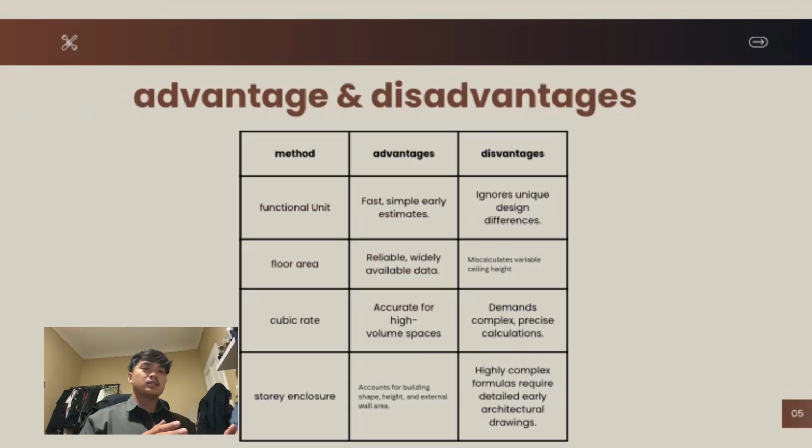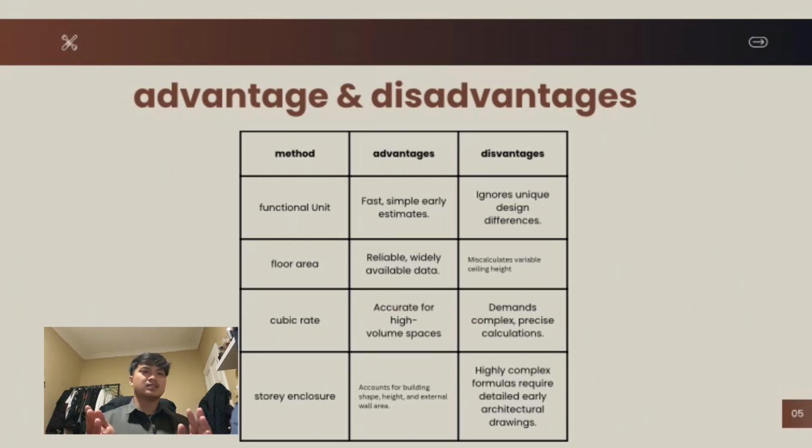The advantages and the disadvantages of the types of method used. Number 1 is the functional unit. The advantage is it's very fast, simple, and easy to estimate, but the disadvantage is it ignores unique design and differences. Number 2, the method is floor area.